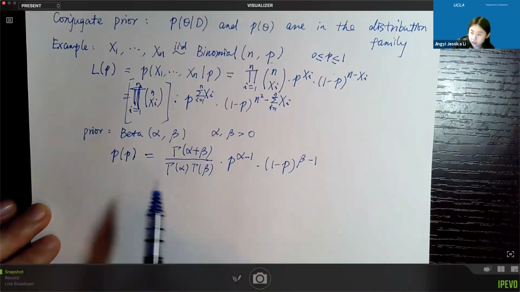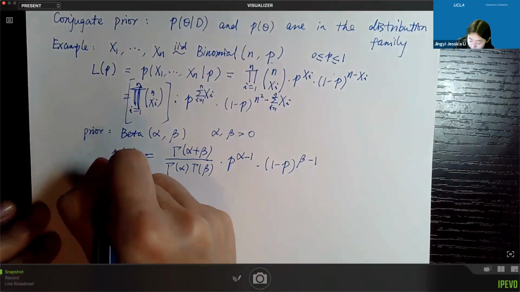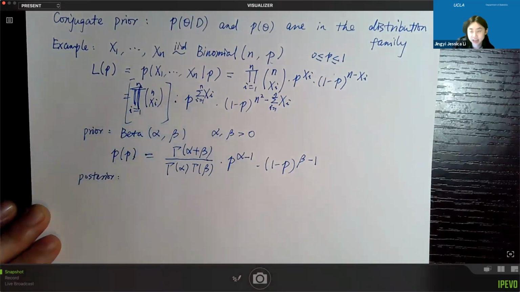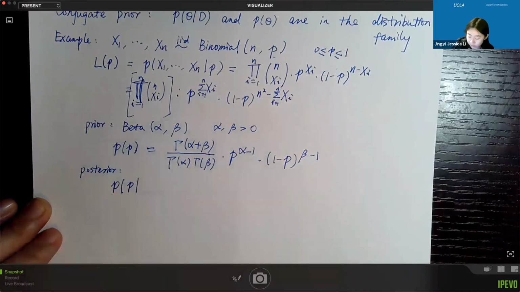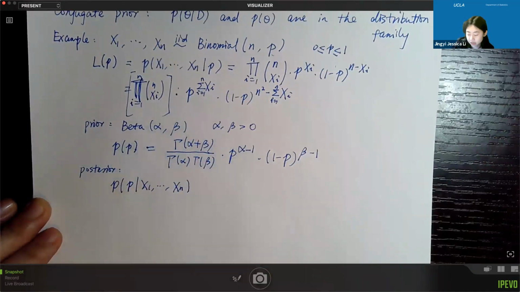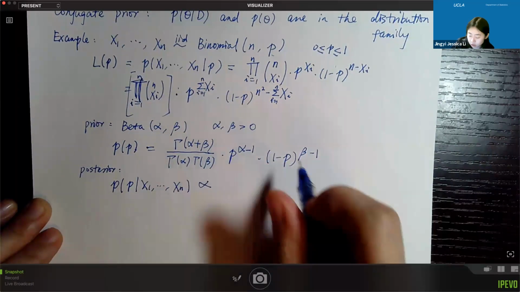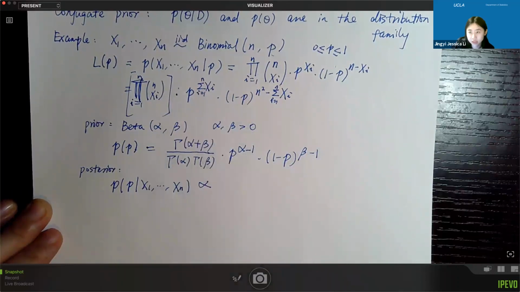Then you see the posterior as a combination of the prior and the likelihood. We can write it as p given my x1 to xn, given my data. This will be proportional to this multiplied by this, and I will drop all the constants that do not involve p.